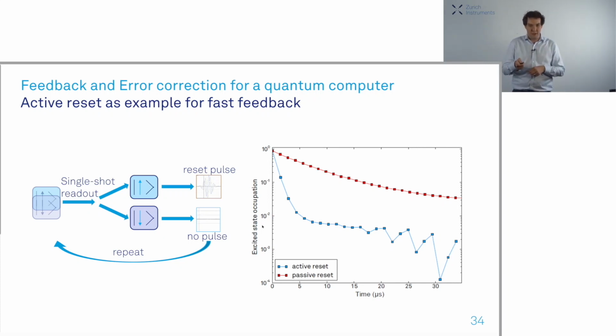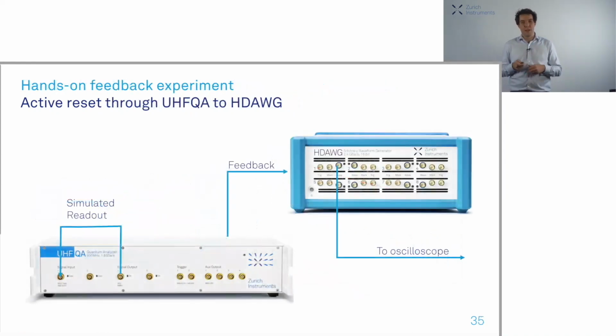It can really bring it down much faster than the natural lifetime of the qubit. In addition, you also get a better fidelity because you also remove thermal population to a certain extent. And this is now the example which we will have a look at in a live demo.